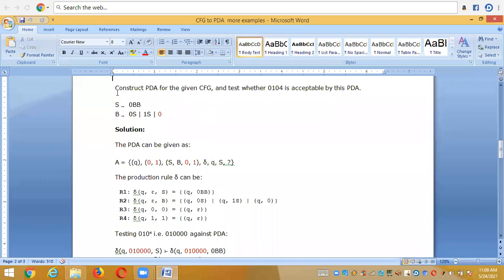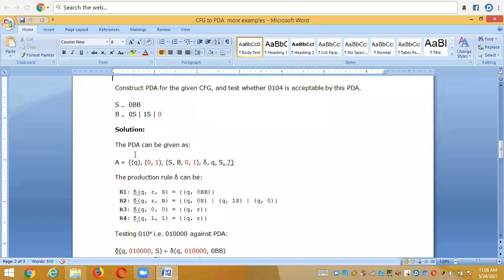So the direct grammar G that I am taking here to convert, and now I am writing the PDA for the given grammar. PDA rules in the sense I am defining a PDA with the 7 tuples, and then I need to design the transition rules of the PDA from this, right?